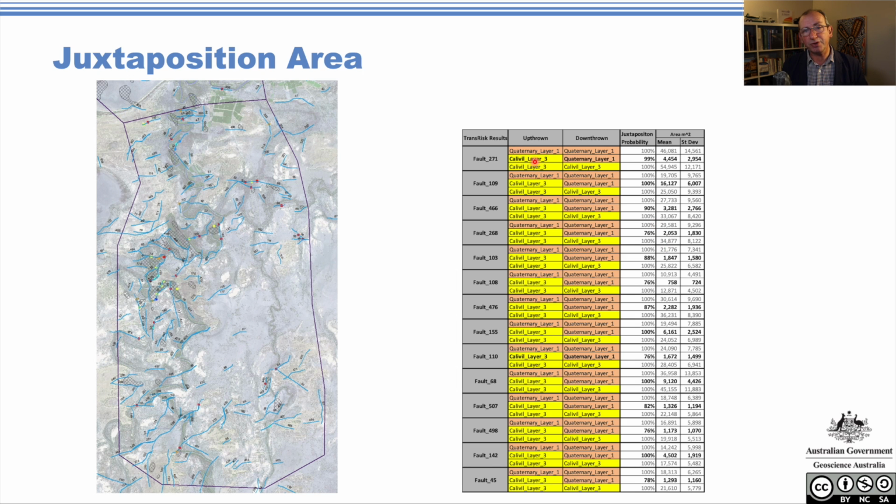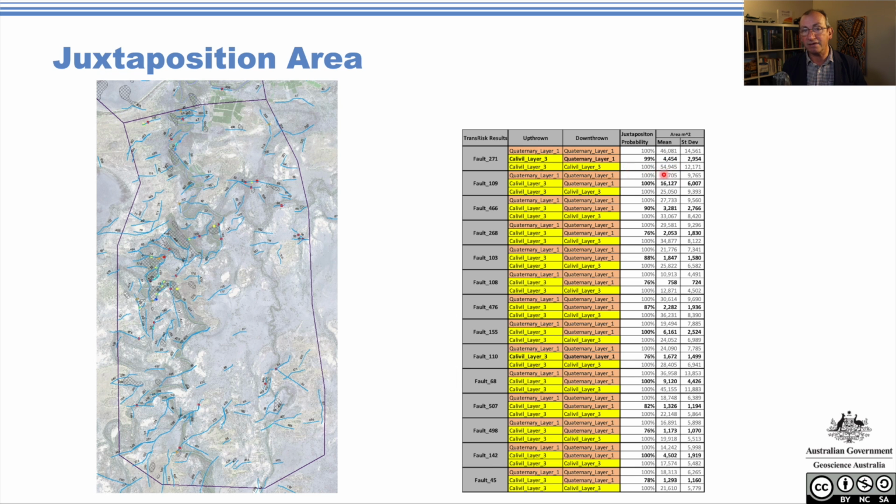The juxtaposition we're interested in is the Calaveral versus quaternary, because it's the quaternary on the downthrown side, allowing floodwaters to run into the Calaveral underneath. So it's these ones in bold that we're actually interested in, and they're smaller sizes. The quaternary juxtaposition is 46,000 square meters, whereas the one we're interested in is an order of magnitude smaller.